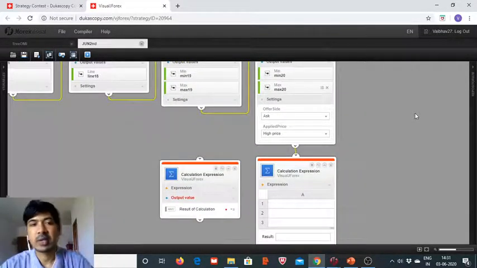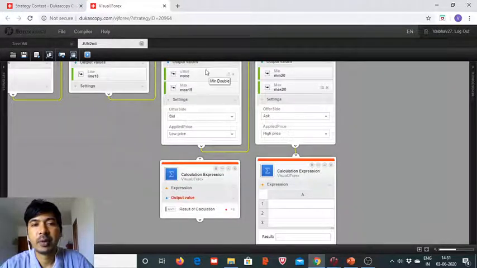For first calculation, let us take the minimum, low price, and we got the minimum value.